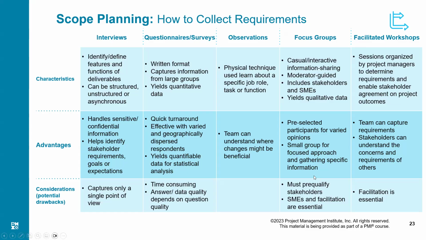Whereas questionnaires and surveys are used when we have got a larger group. Observations are made when we are visiting the customer site, and focus groups help keep us aligned with the organization.